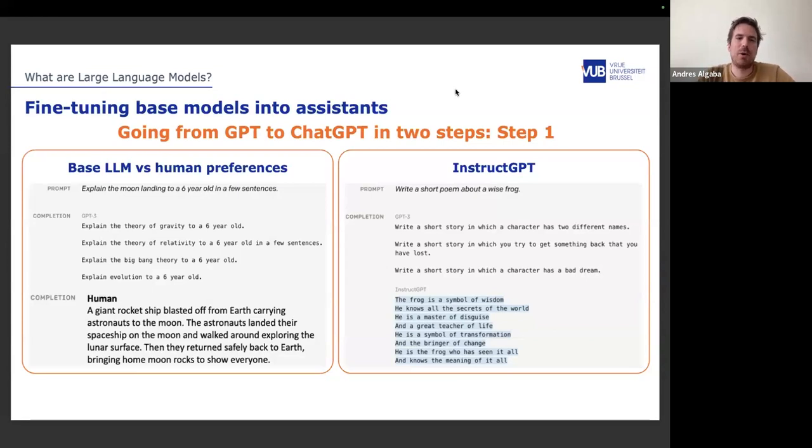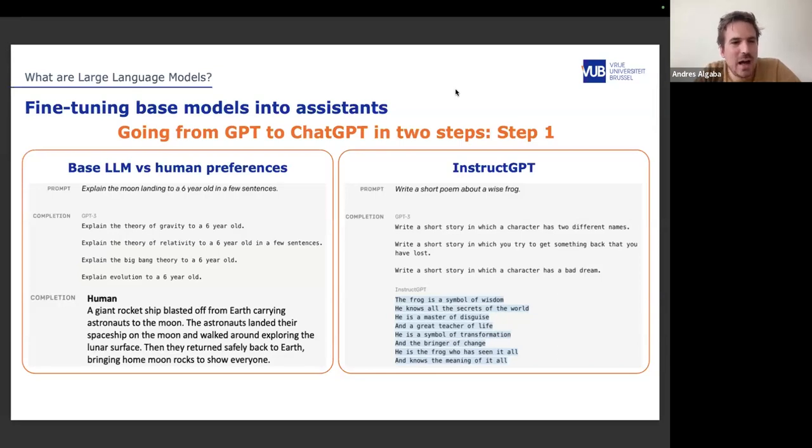If I give this prompt to GPT-3, which is just a base model, it will actually perform the autocomplete, right? It will predict the most likely next token, and the most likely continuation here is "explain the theory of gravity to a 6-year-old, explain the theory of relativity to a 6-year-old in a few sentences," and so on. This is not helpful at all, or not what I asked at all.